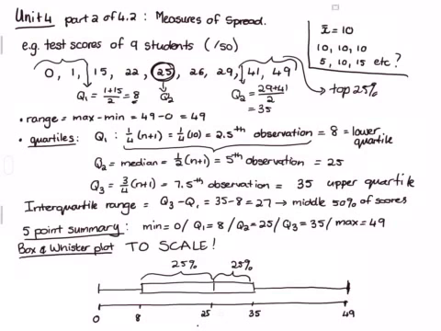A quarter of my marks were between 25 and 35. So it gives you a very good picture of how your marks are spread. If it is a short distance like this one, then they are close together because it's still a quarter of all your observations lie there. If it's a long distance, then they are spread far apart.